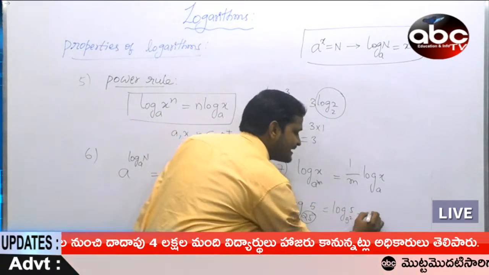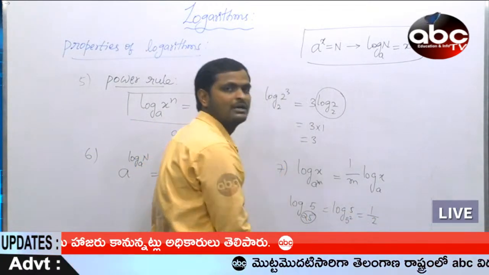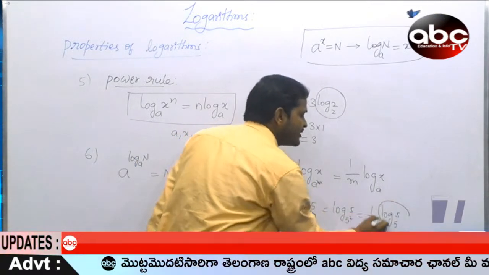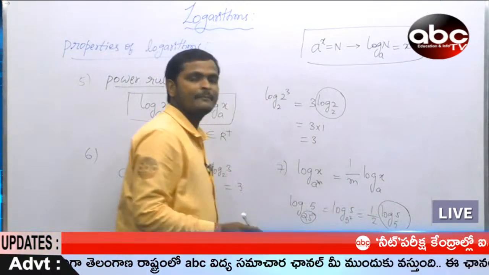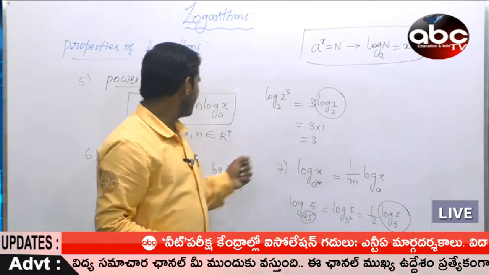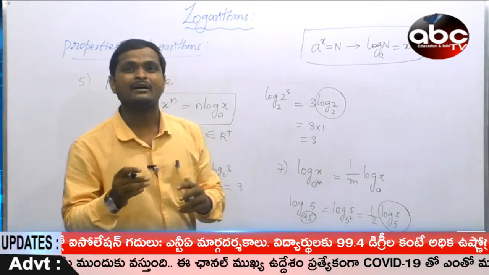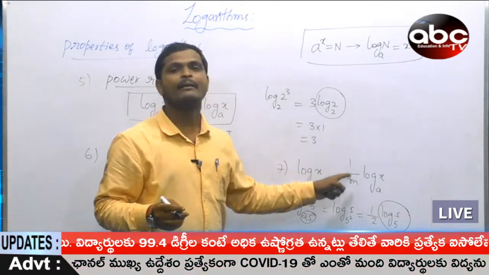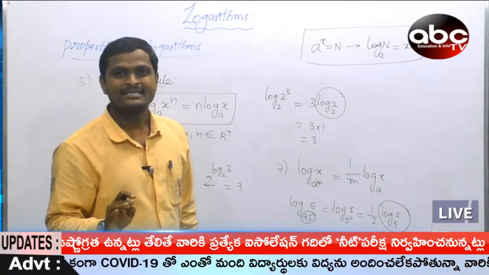Then we get 1 by m, in place of m the value is 2, so 1 by 2 into log 5. What is the base? 5. Already you know, students, log 5 base 5 is 1. Then the answer here is 1 by 2. This is the last property: log of any number with base in power form, a power m, is 1 by m into log x base a. Is it clear, students?